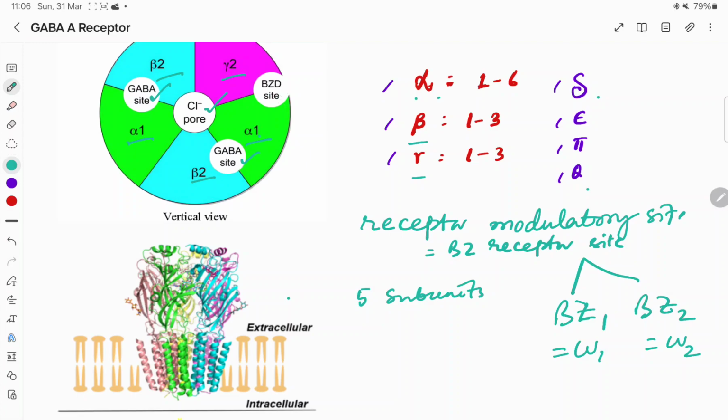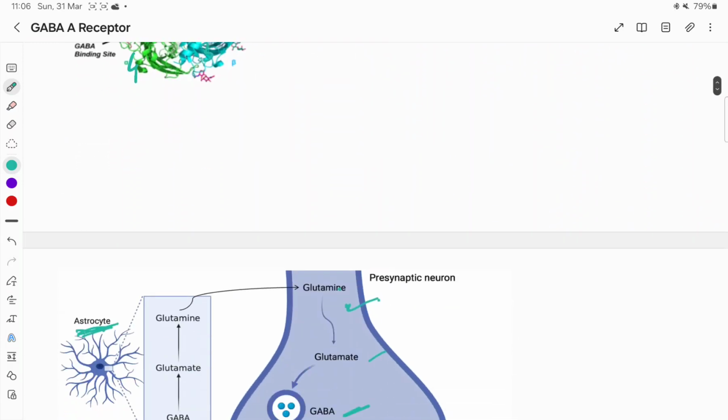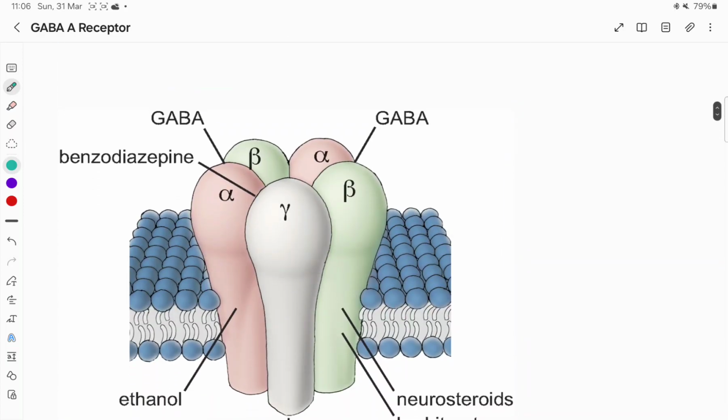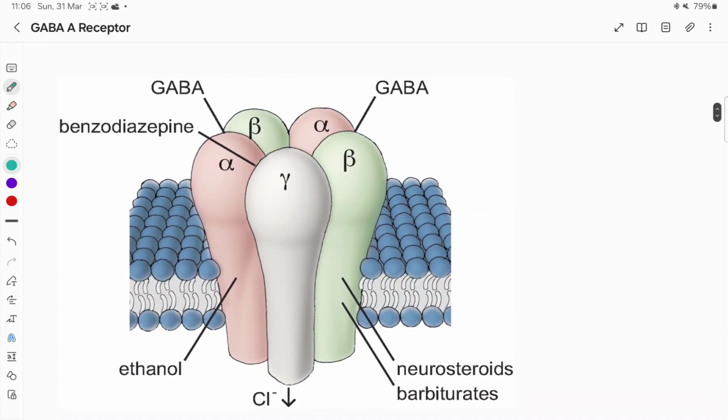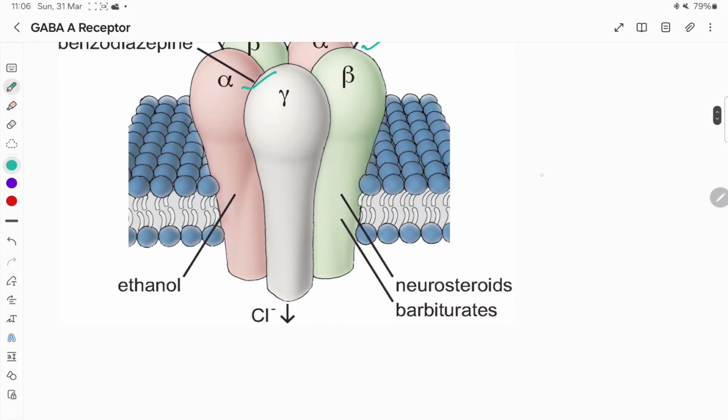This is the BZD or benzodiazepine site. You can see these are the sites to which GABA binds, and this is the site to which benzodiazepines bind.